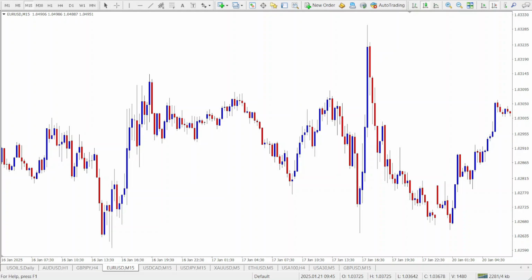For example, if you see a big clean candlestick, let's just mark out this demand zone.